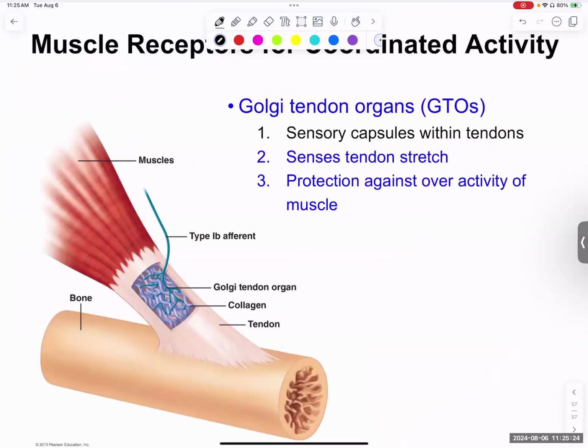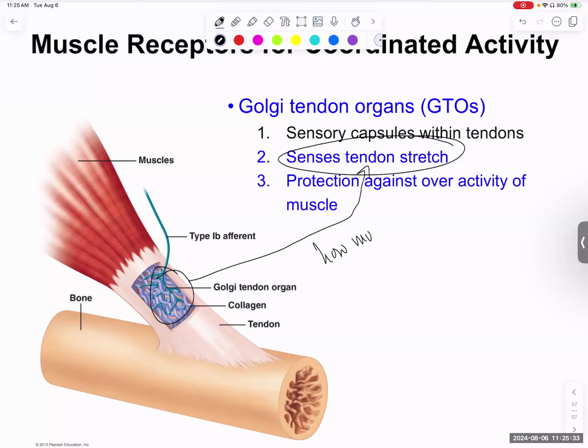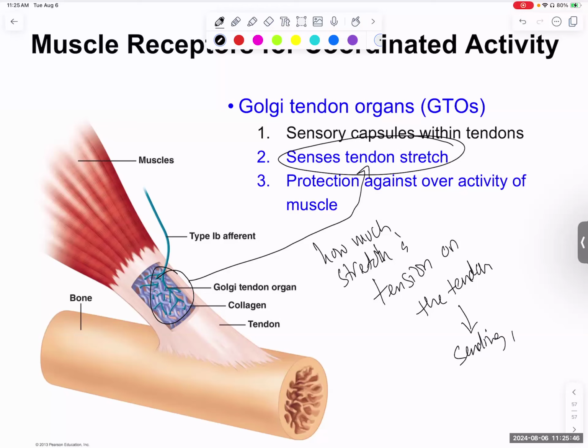Golgi tendon organs, these are inside the tendons sensing tendon stretch. So how much stretch and tension is on the tendon. And this is also sending this information into the brain. So again, the brain can adjust.